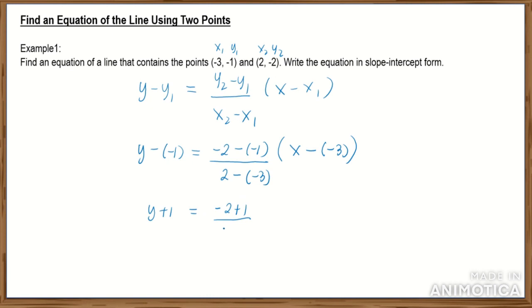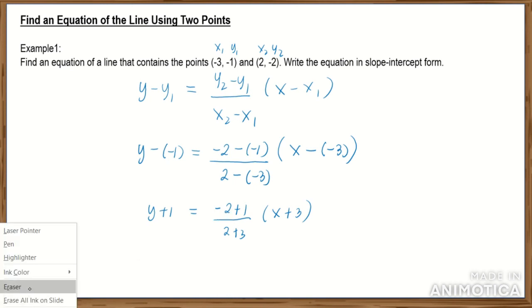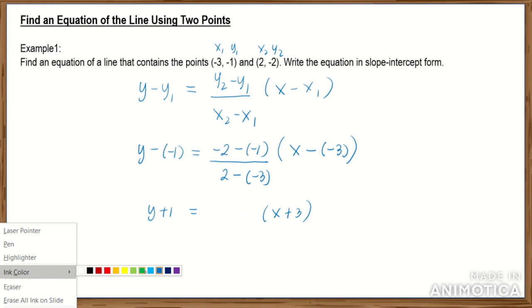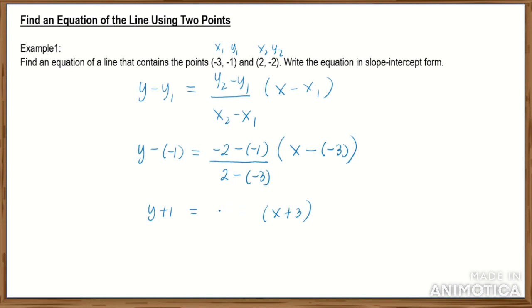Then we have 2 plus 3, times x plus 3. So here our slope is negative 1/5. Okay, just erase this one and write negative 1/5, so we can economize space.